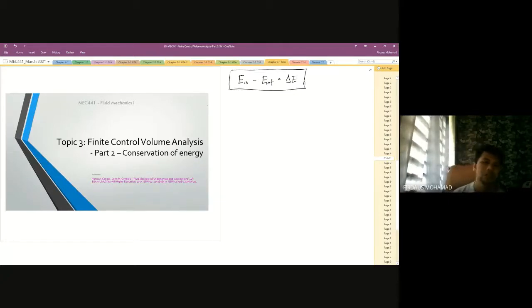Okay, if our system consists of a pump, for example, or turbine or any mechanical device, we also need to consider the mechanical energy produced by the pump or compressor and then produced by the turbine. So all this energy needs to be considered in our analysis.